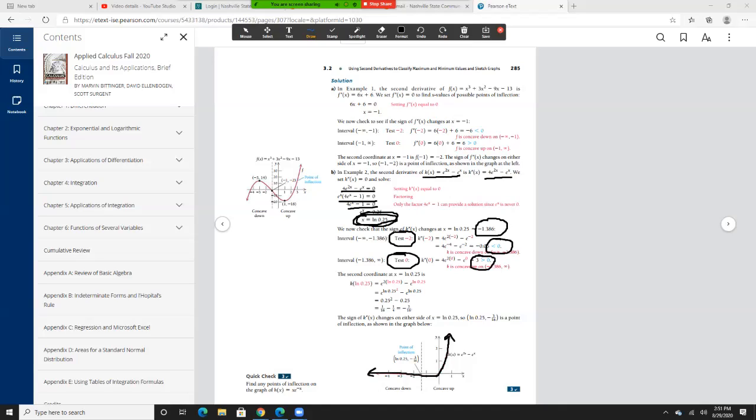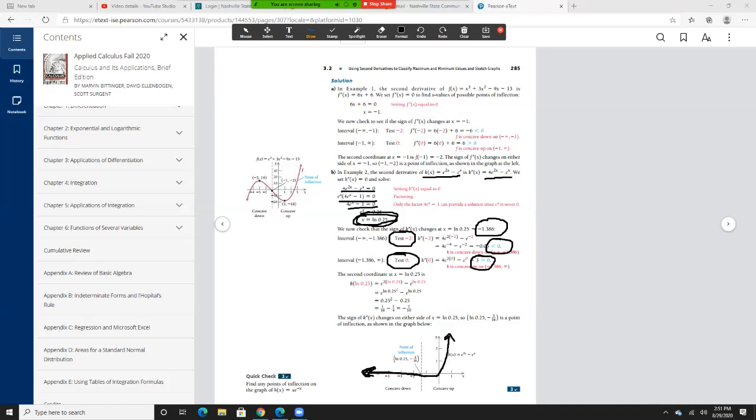Okay. I believe earlier I made a mistake and said this was forever concave up. It does actually change concavity there. Now, instead of redoing this entire video, I'm going to say this. Just because the second derivative is equal to 0 does not guarantee that you have found an inflection point.